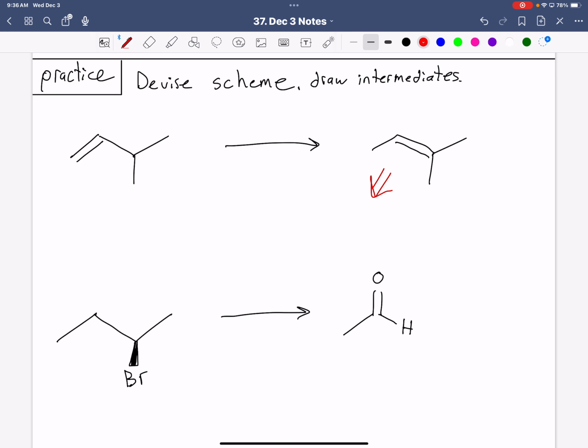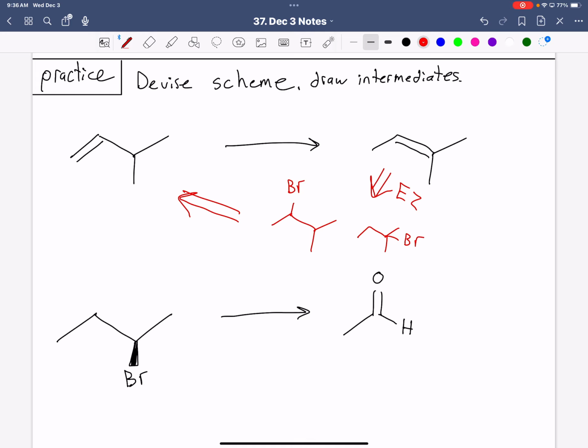right. So thinking backwards from here, I only know a few ways to make alkenes, and usually it's through some sort of elimination. If I'm designing a synthesis, I'm probably going to prefer to do an E2 over an E1. It's just better. And that could have come from something like that, or even something like that.